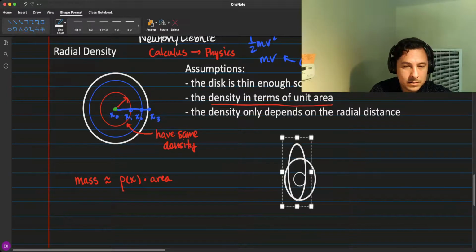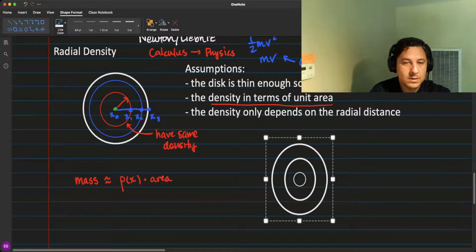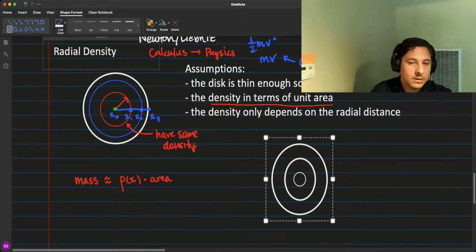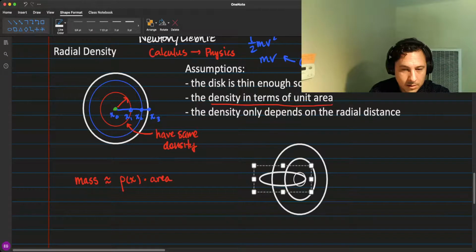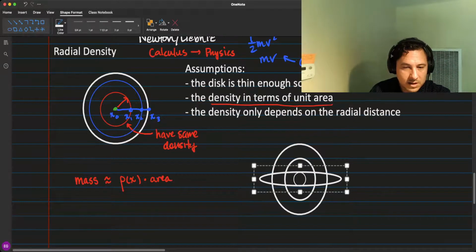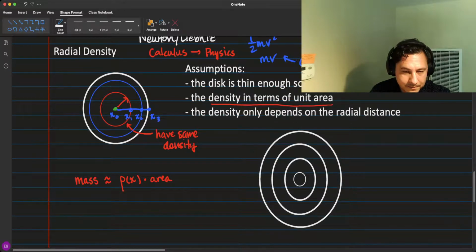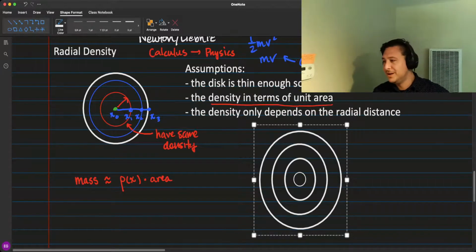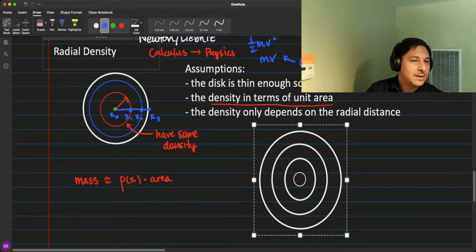Here's another circle. And finally, one more. There, this one's actually not that bad.